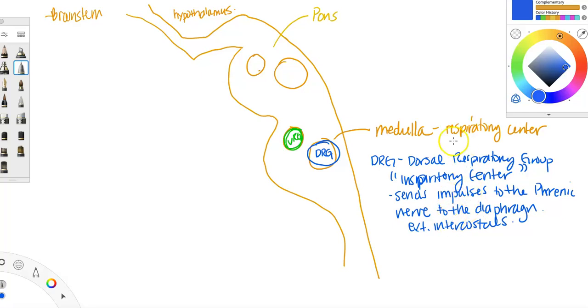All right, so the VRG is the ventral respiratory group.